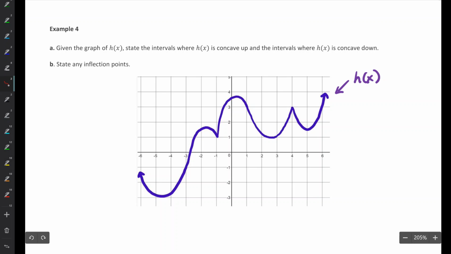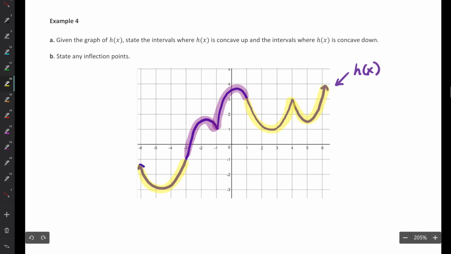So here I see that I'm concave up. This is holding water. Then it looks like we're changing concavity, and now we're concave down. We're still concave down. And right here, it seems like it's changing, concave down and now concave up. And then we're still concave up.